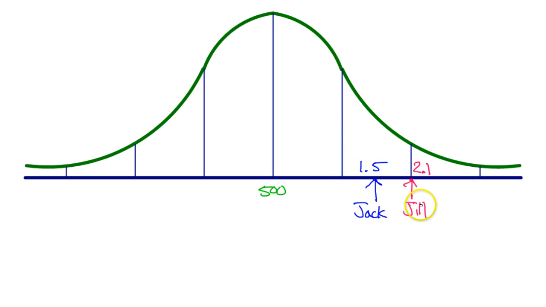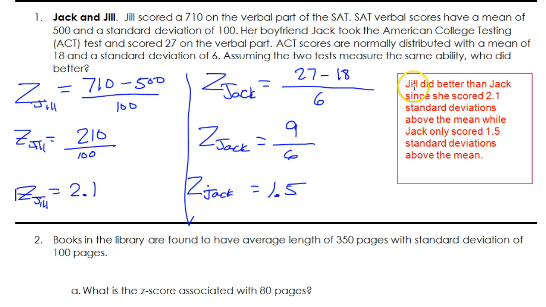So specifically, you could say Jill did better than Jack since she scored 2.1 standard deviations above the mean, while Jack only scored 1.5 standard deviations above the mean.